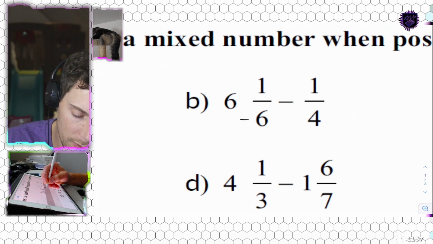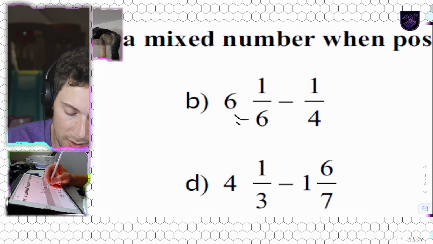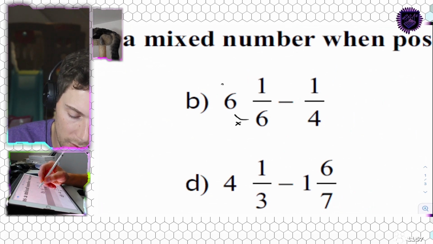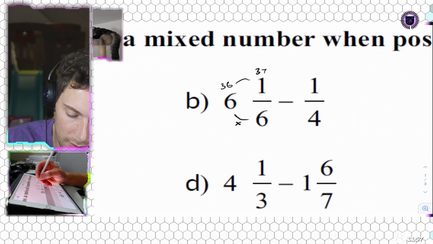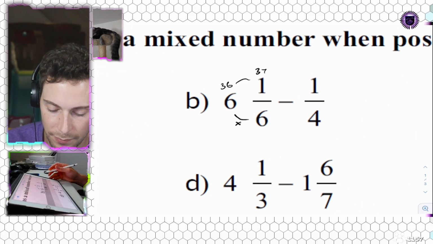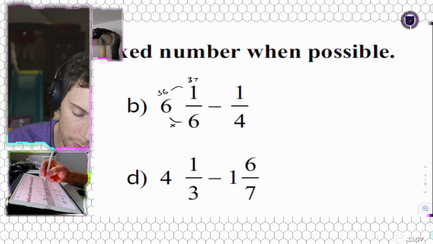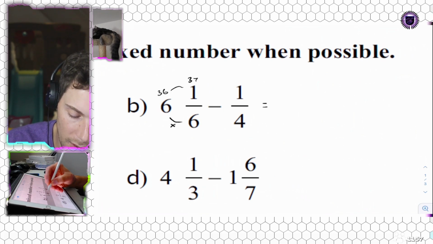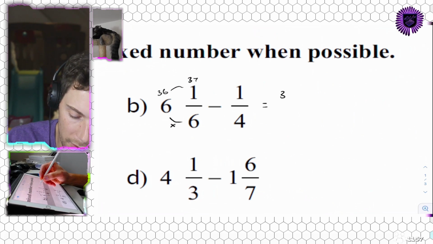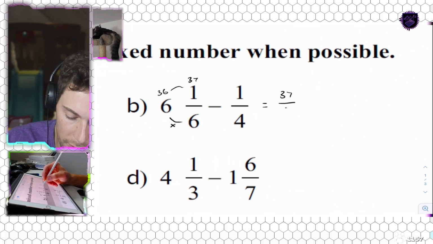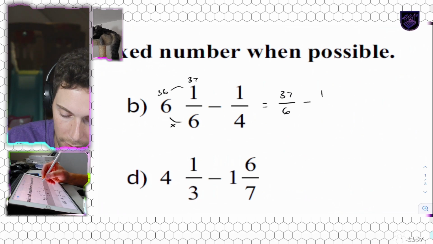So we're gonna go 6 times 6, which is 36, and then we're gonna add that here. So it'll be 37 over 6. So we'll rewrite it, and then we'll do our multiplying. So 37 over 6 minus 1/4.